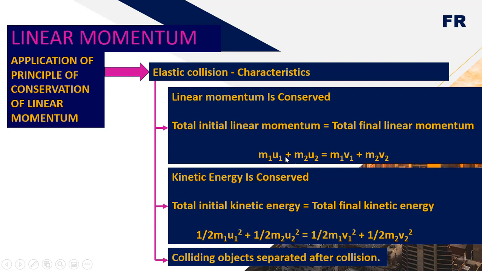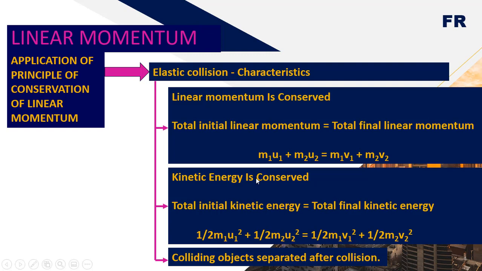Here is the equation for the total initial linear momentum, that is m1 u1 plus m2 u2, and for the total final linear momentum, m1 v1 plus m2 v2. Please note that u is the initial velocity before the collision, and v is the final velocity of the objects after the collision.